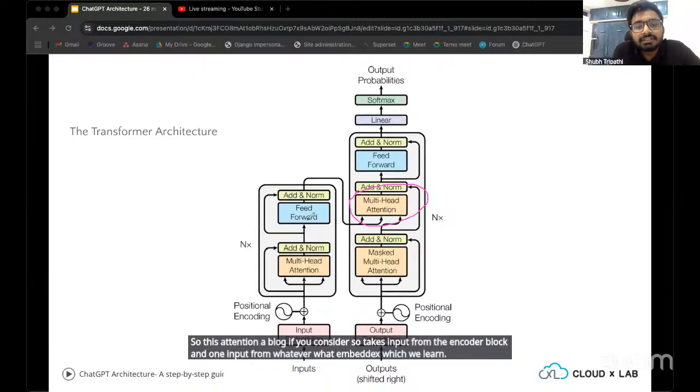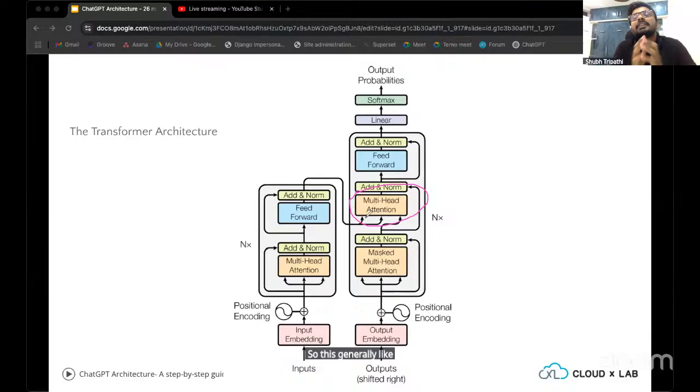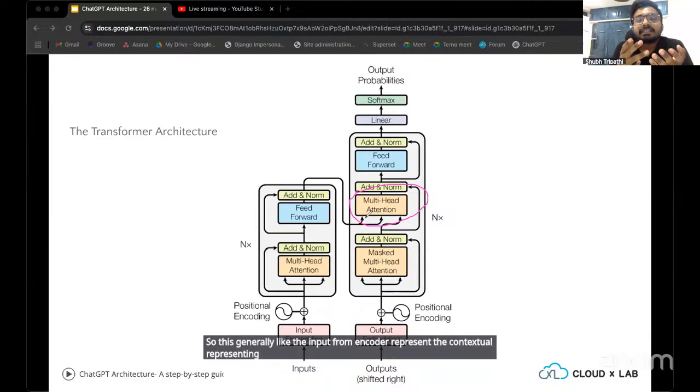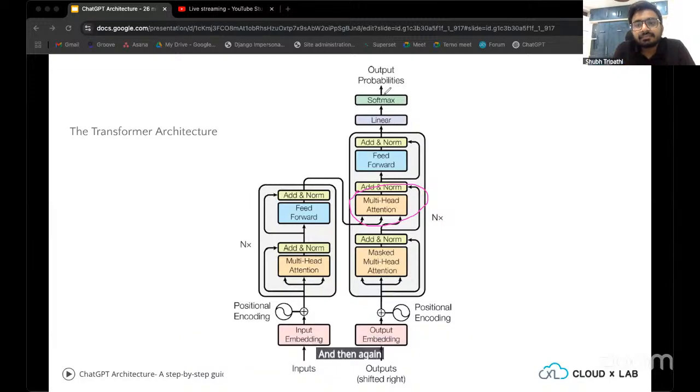The input from the encoder represents the contextual representation of the English sentence, and this attention represents the contextual representation of the French words. So it sums up both pieces of information in the multi-head attention and then passes it to the feed forward layer, and then again it goes through a shortcut connection.